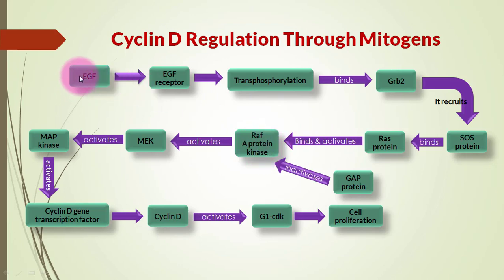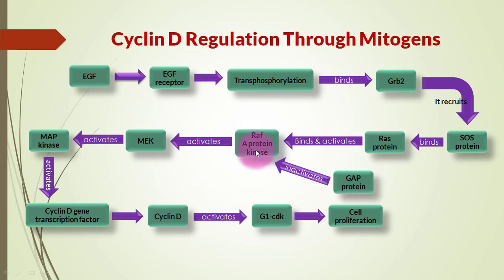So binding of a mitogen, which is epidermal growth factor, to the receptor will lead to transphosphorylation of one subunit by the other, and then the transphosphorylated subunit will be bound by a GRB protein, and this GRB protein will recruit an SOS protein. The SOS protein will be activated, and it will bind and activate a RAS protein. Then an activated RAS protein will bind and activate RAF protein, which is a protein kinase.